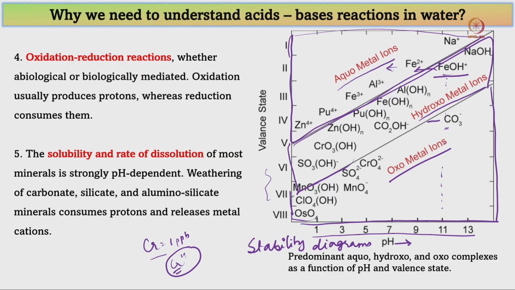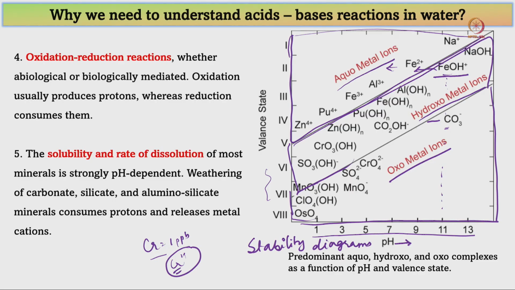Now, the solubility and rate of dissolution. I think all of you understand that when we add acid to a system, the solubility increases. In fact, if you are working with metals, we generally try to dissolve things in acid.